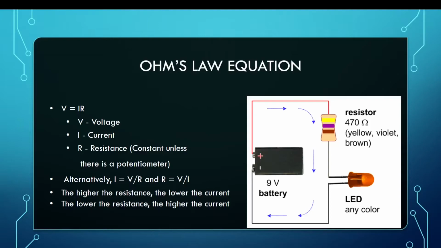resistance without actually burning the resistor, because the only way you could burn a resistor is if V and I, voltage and current together, which is power, exceeds the resistor's power rating.